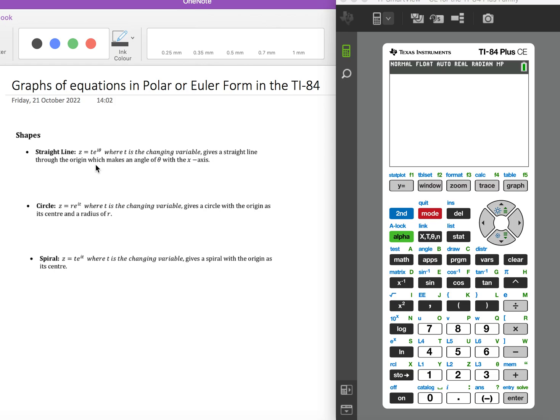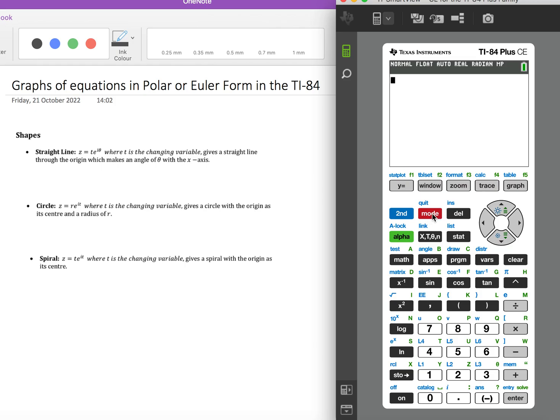So if we were to graph y equals x in the normal rectangular coordinate system, you know that that's a 45-degree angle, and we are going to use radians. To graph this, we will be using the parametric function of your GDC.